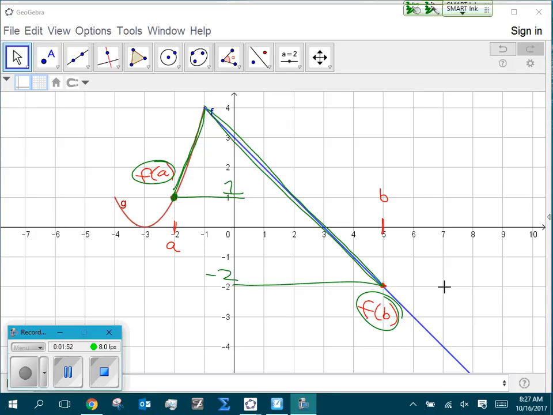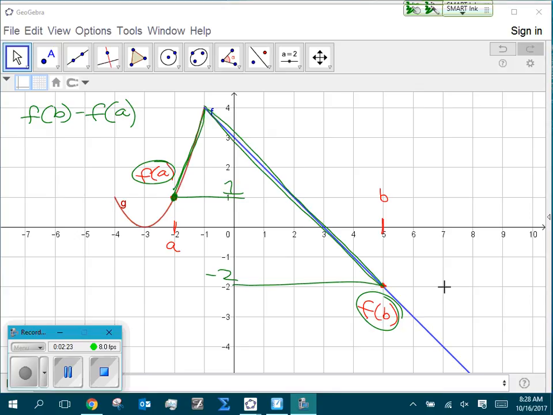Or if my net change is increasing from left to right, it'd be a positive number then. So net change is simply f of b minus f of a. And it's a good idea to also have that recognition of whether you're increasing or decreasing in regards to that function. Okay, that's that relationship we made there.